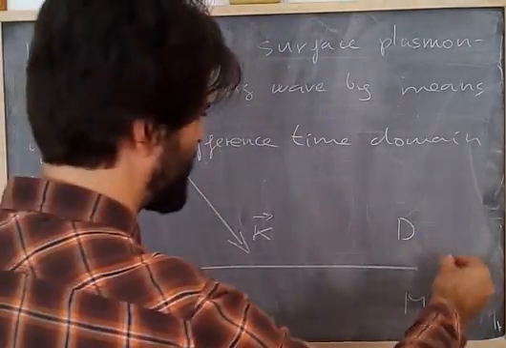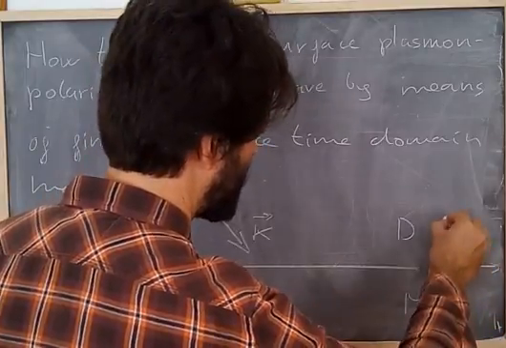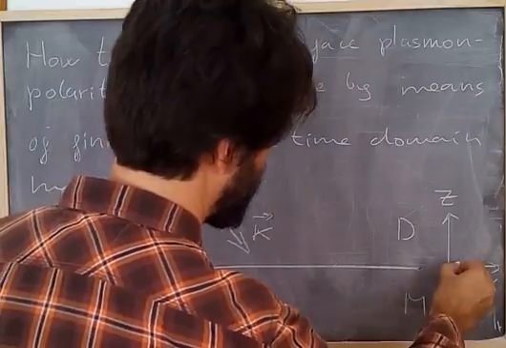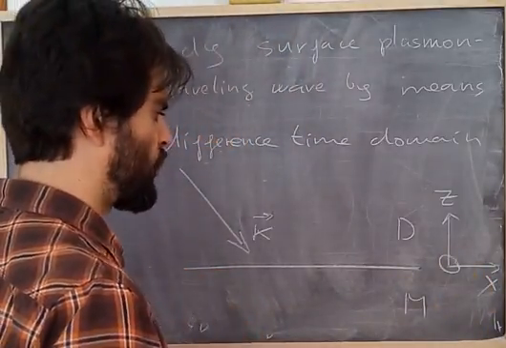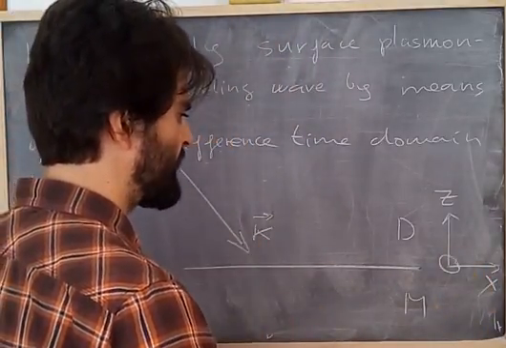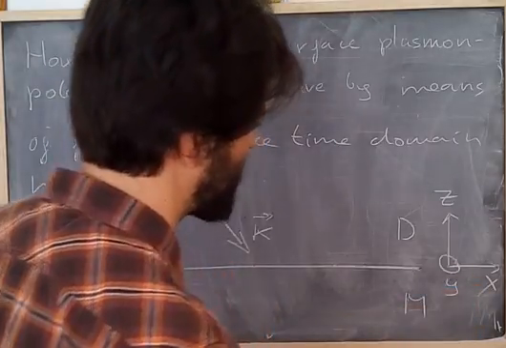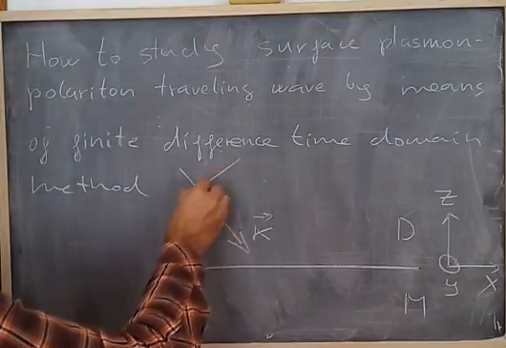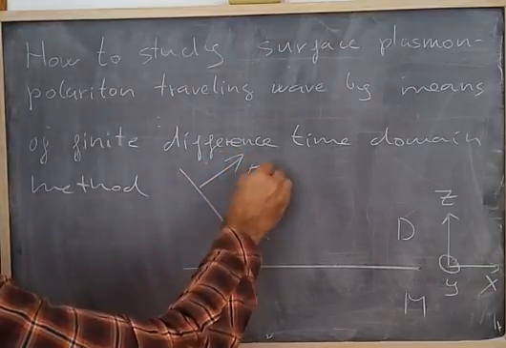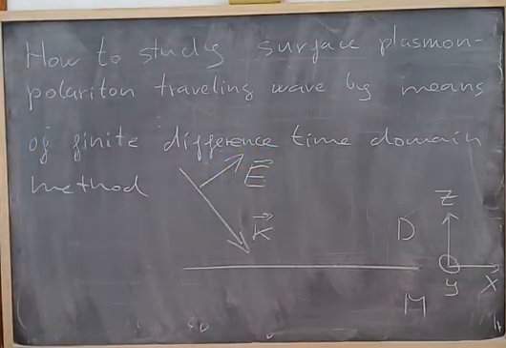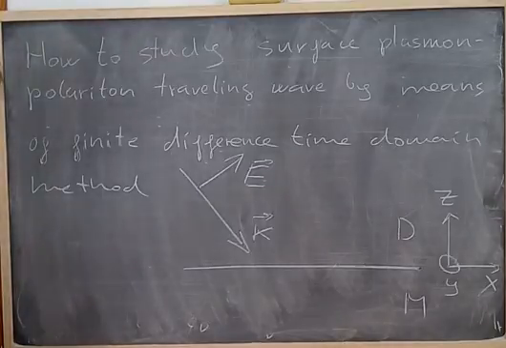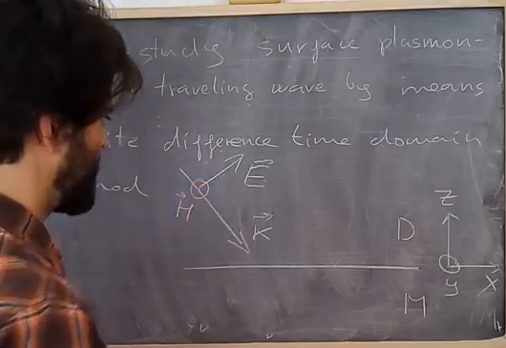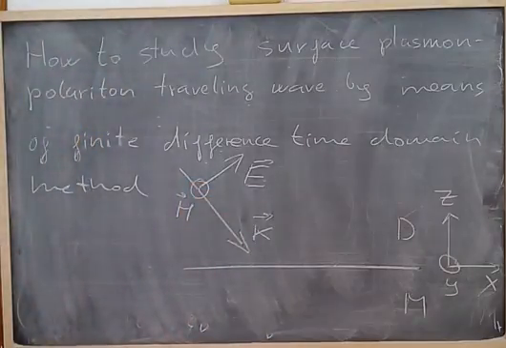We can use this reference system, with the axis orthogonal to the blackboard plane. We have the wave axis. So we can imagine that the electric field has this direction, and this could be the magnetic field. This is the structure of a plane wave.